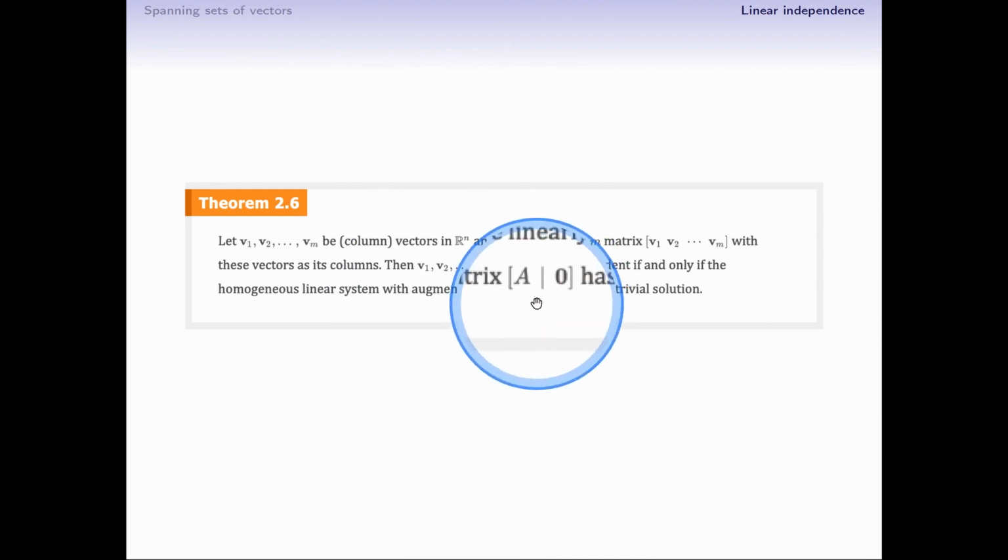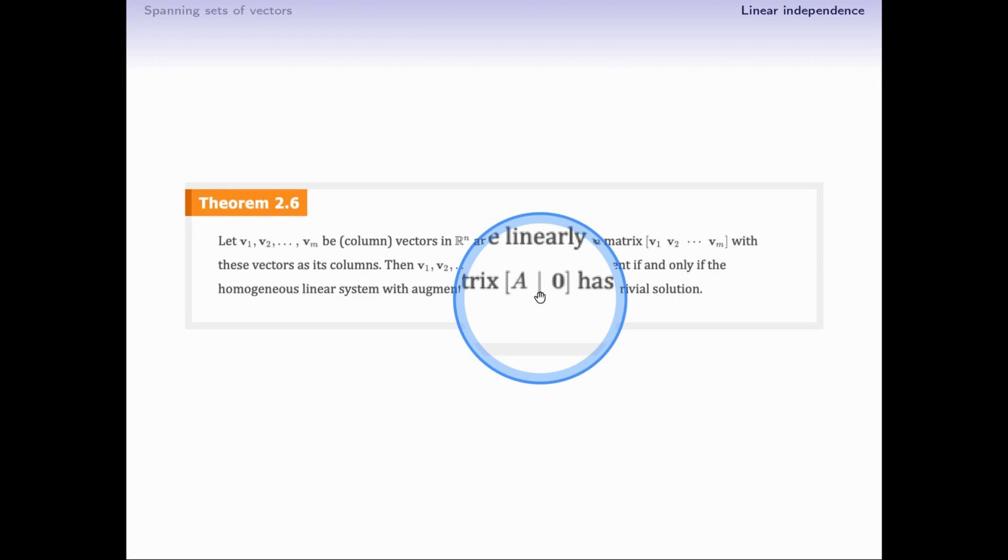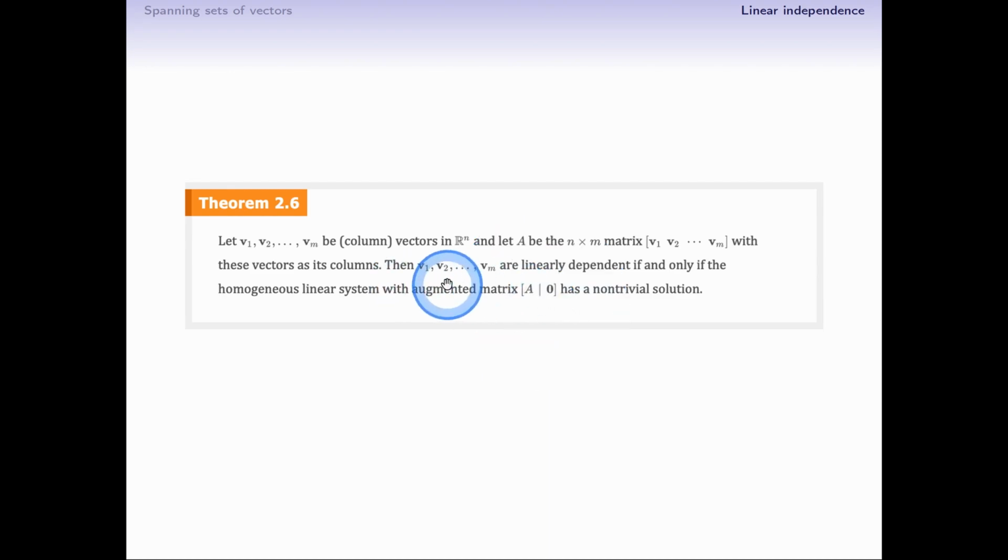Now, remember, a homogeneous system always has the trivial solution. So the real question is, does it have more than the trivial solution? If it has only the trivial solution, then it must be that these vectors are linearly independent. But if it has something other than the trivial solution, then it means that these vectors are in fact linearly dependent. So Theorem 2.6 becomes a test for linear dependence and linear independence.